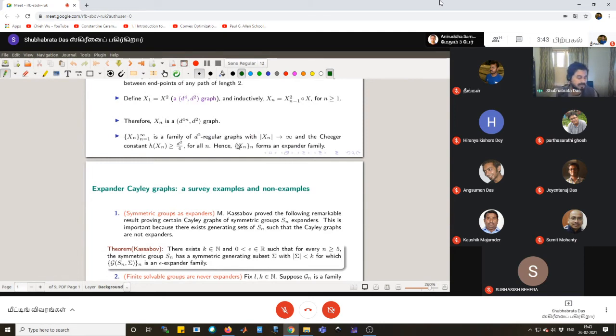Given a sequence of groups Gn, say I have their corresponding Cayley graphs, and suppose they form an expander family.